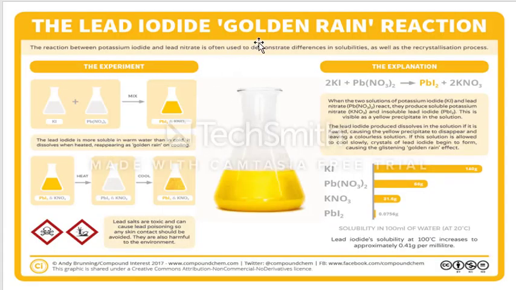A typical example of formation of precipitate is a reaction called the Golden Rain reaction. If you check here, this is the chemical reaction, the formula, chemical equation. Potassium iodide and lead nitrate, both of these are solutions.